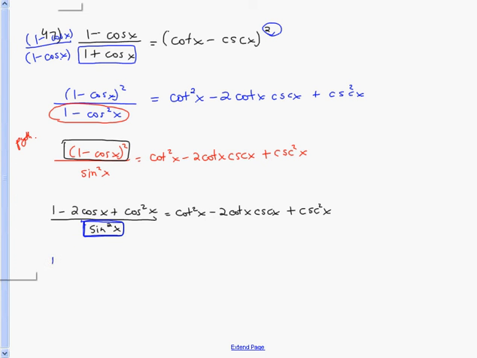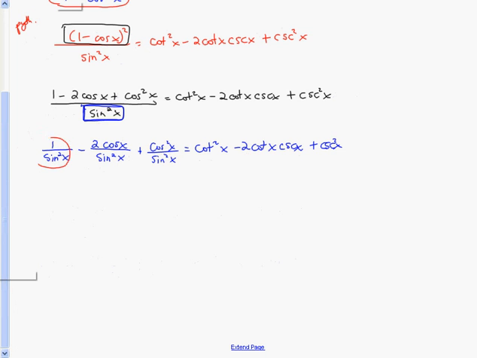So this would be the same as 1 over sine squared of x minus 2 cosine of x over sine squared of x plus cosine squared of x over sine squared of x. Still all of this equal to the right hand side. And I'm writing this painstakingly over to keep good form for you guys, so you know how to do that.